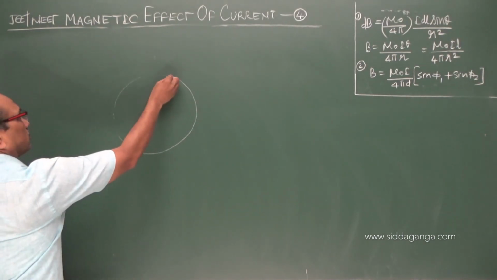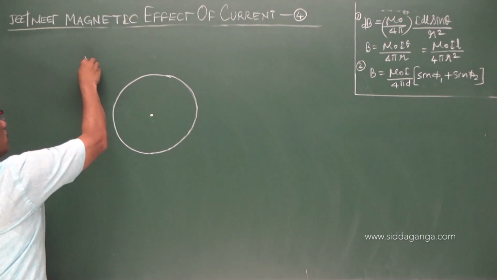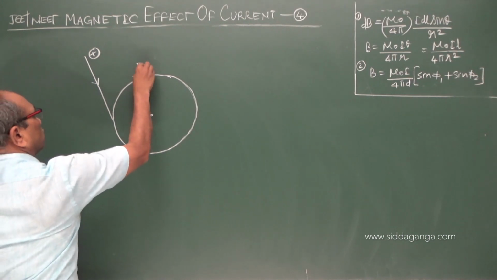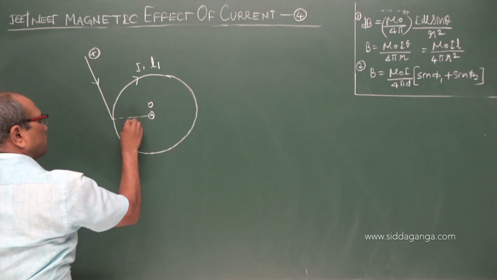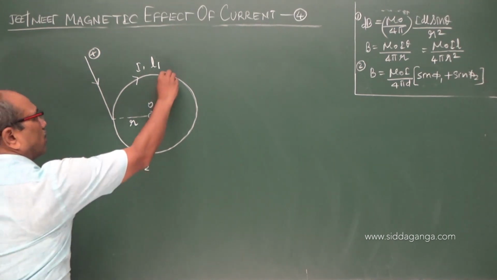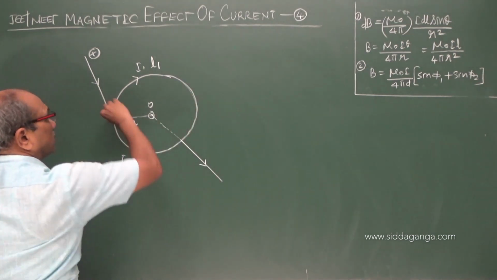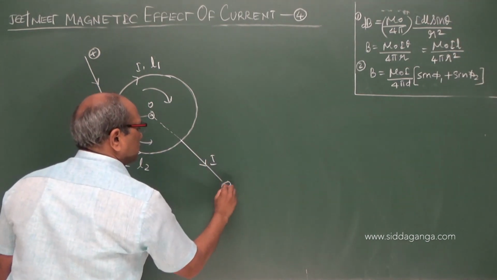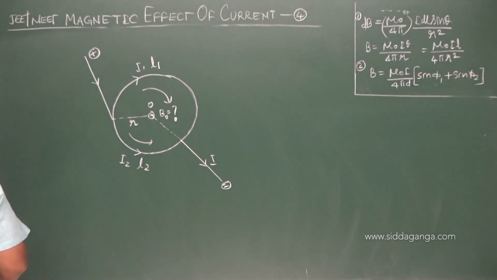The situation is, current is carried by a wire, the input current, which divides into two parts at this point O, and this may be the R. This divides as I2 and length L2. Coming to the point here, it emerges out. Here the current is clockwise and here it is anti-clockwise, and current I. What is the magnetic field at the center? The question is on that.